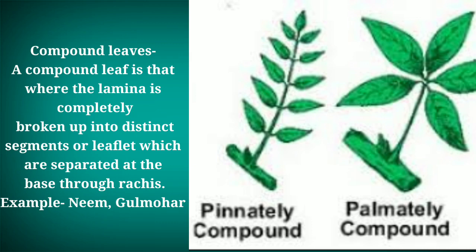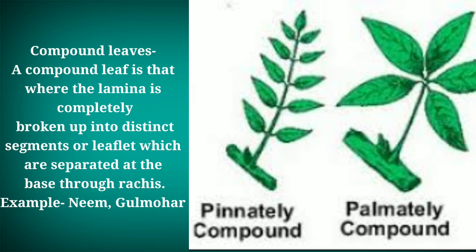So this is one difference between the simple leaf and the compound leaf. In case of the simple leaves, the entire lamina was undivided, and in case of the compound leaves, the entire lamina becomes divided.